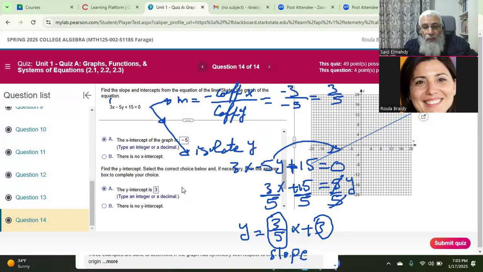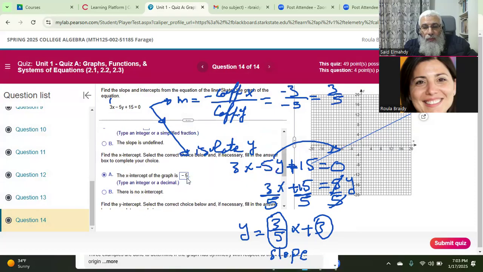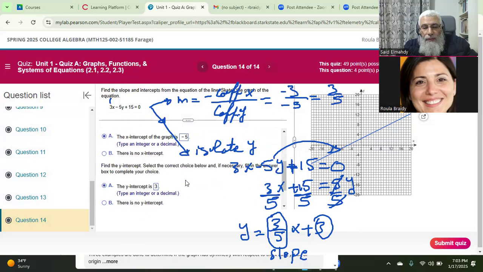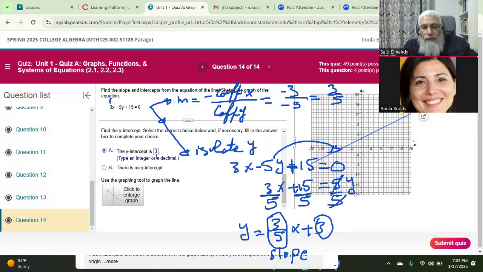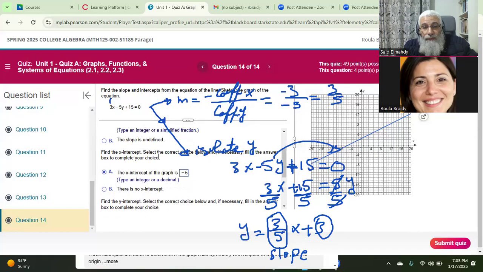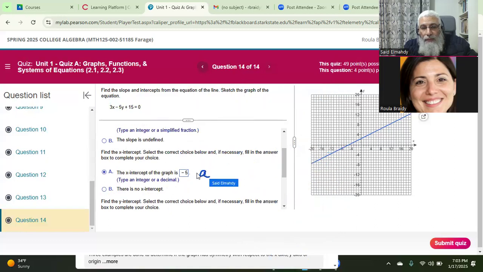The y-intercept is correct, and the y-intercept is 3. And the x-intercept occurs at y equal to 0, correct? Do you remember this? So 3x minus 5 times 0 plus 15 is equal to 0.